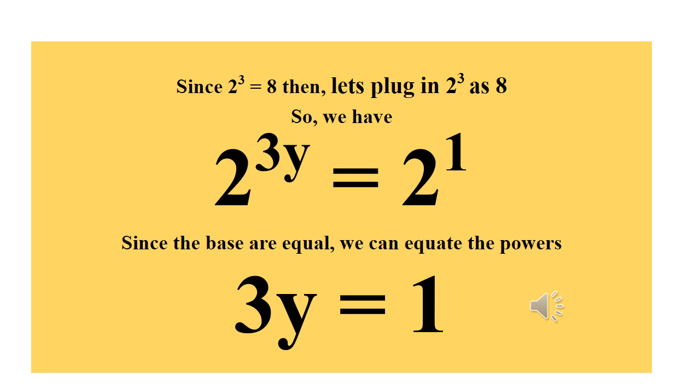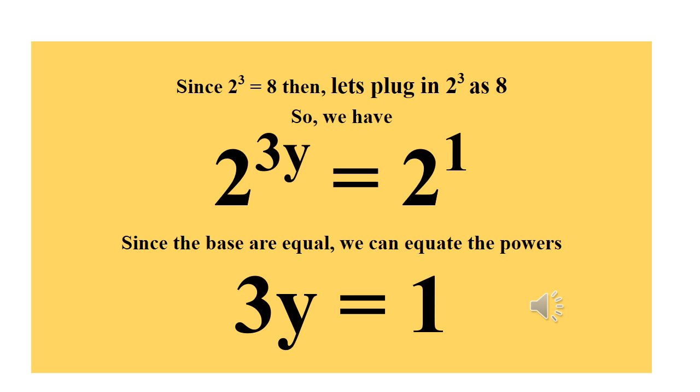From here we can find a way of making the bases equal. Since 8 can be written as 2 raised to power 3, that is 2 in 3 places, 2 times 2 times 2 is equal to 8, we'll plug in 2 raised to power 3 as 8.